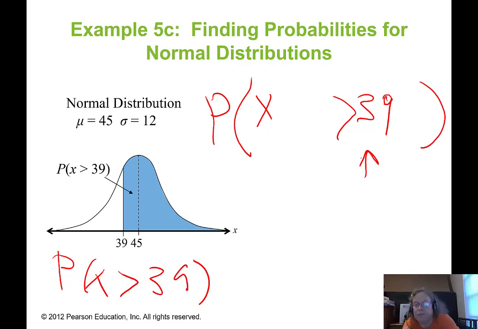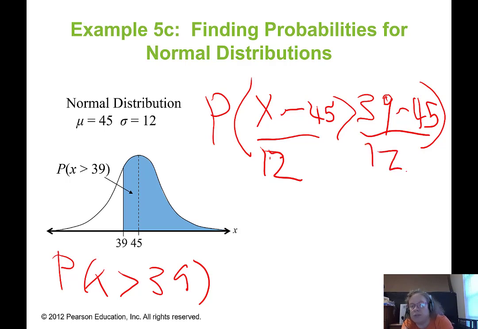So we are going to start by subtracting 45 from both sides. And then we're going to have to divide by that 12 on both sides. Remember, whatever we do to one side, we have to do to the other side. All right, well, that x minus 45 divided by 12 is our z.